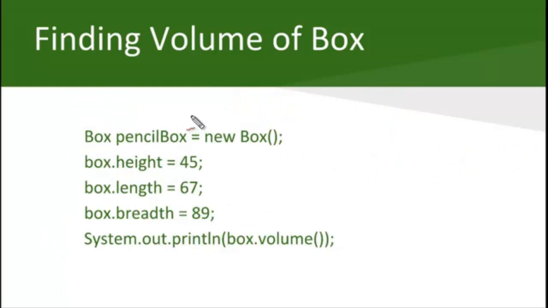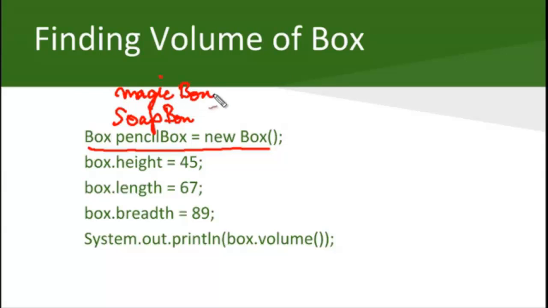And what is happening in the main part is that we create the object pencilBox, or you can call it soapBox, or you can call it magicBox. This creates a new object of the class Box.